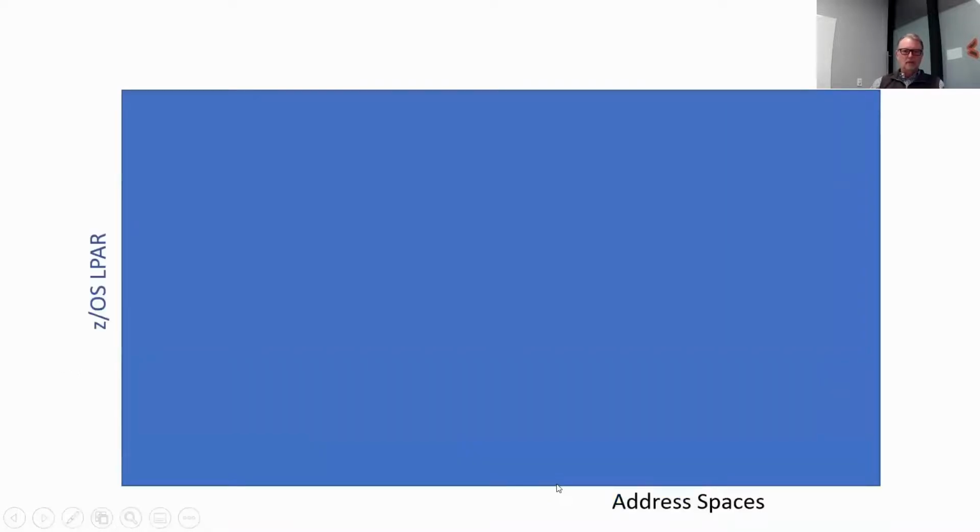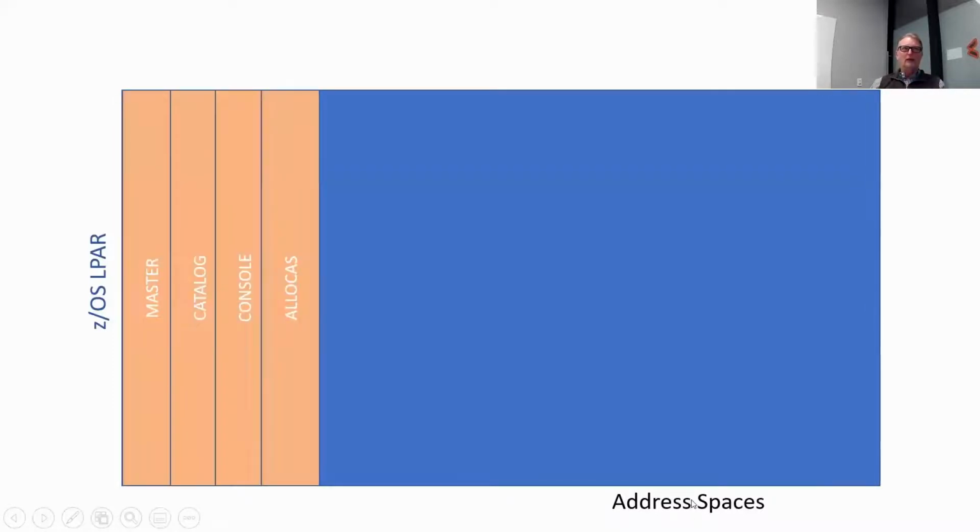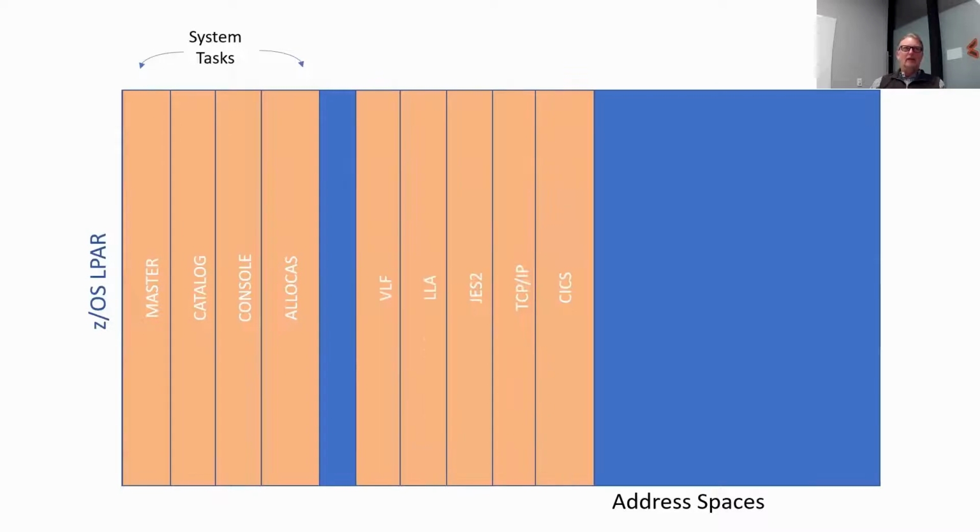Okay. So now inside of a zOS LPAR is something called an address space. There are address spaces that the system uses, they're system tasks. And there are address spaces that are started and controlled by the system programmers.